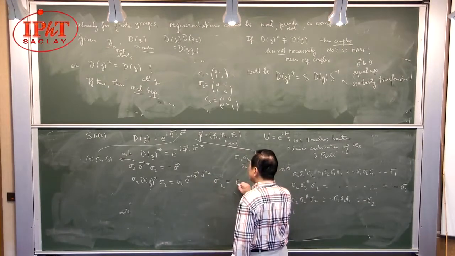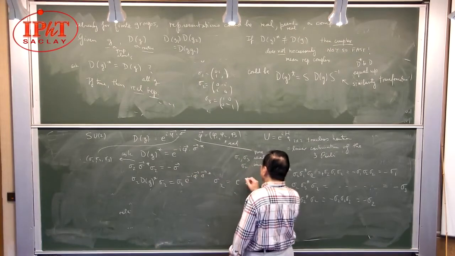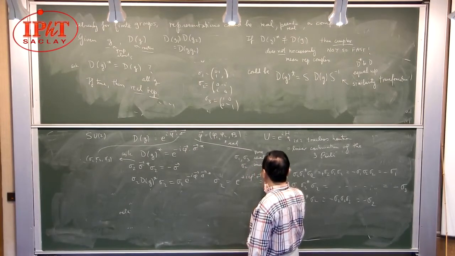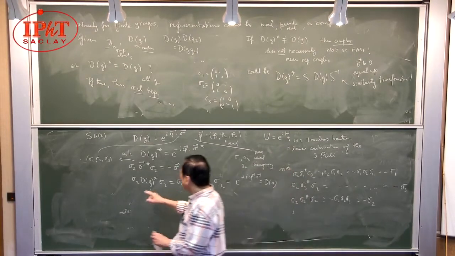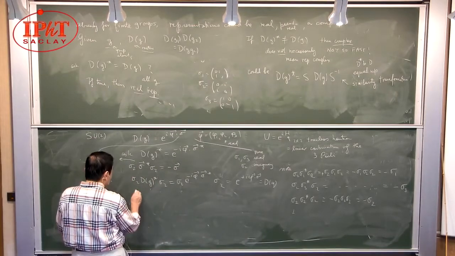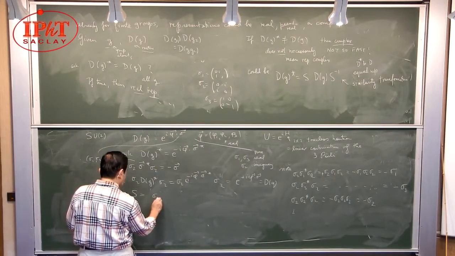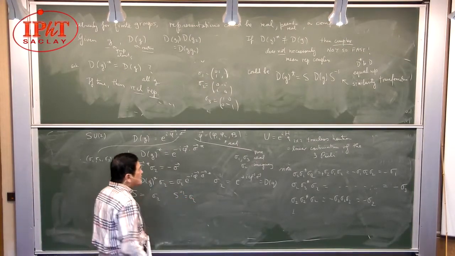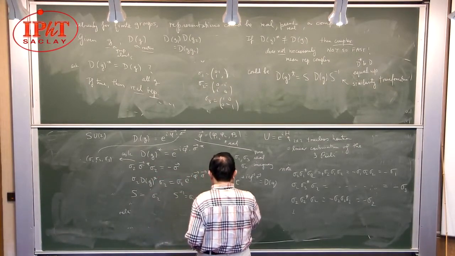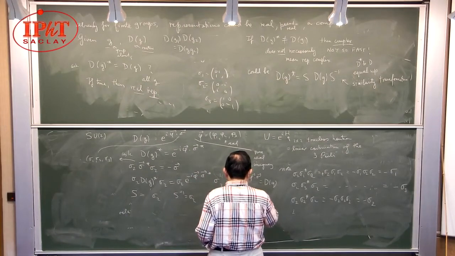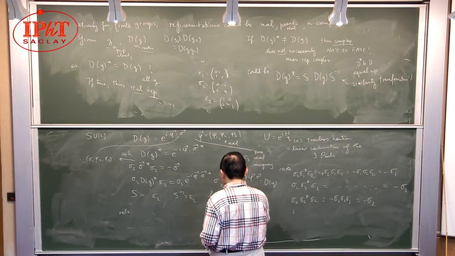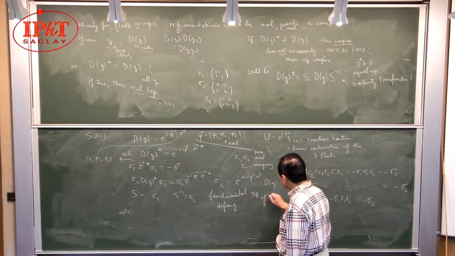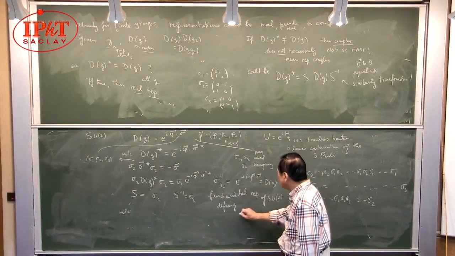So it changes into e to the plus i phi dot sigma, which is D of g again. So we identify S as sigma 2, and S inverse is also sigma 2. And so we see that the fundamental representation, or some people call this the defining representation, because it defines the group SU2, is pseudo-real.